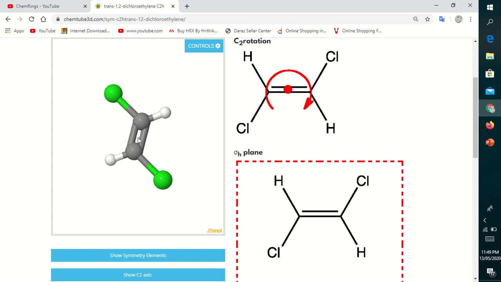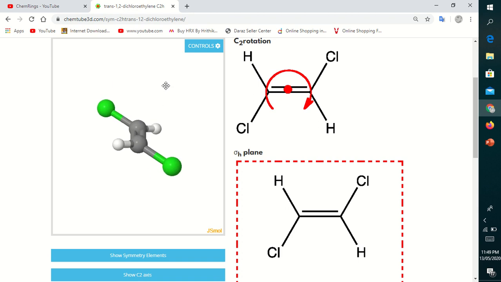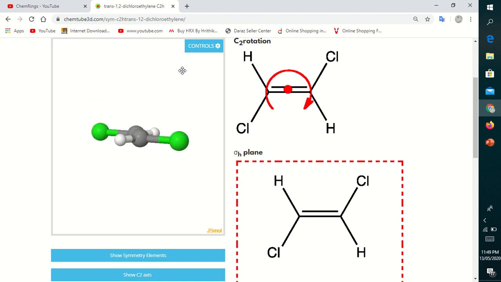So in this molecule there is sigma h, because sigma h is the horizontal sigma. This is the axis of rotation, here towards you, towards the observer, and perpendicular to the axis of rotation there is a sigma.